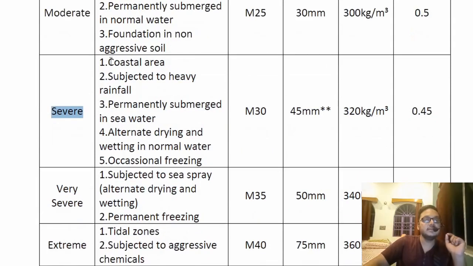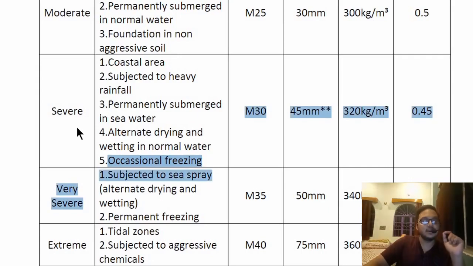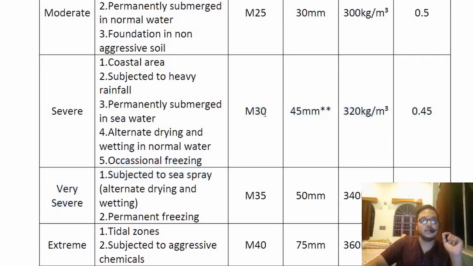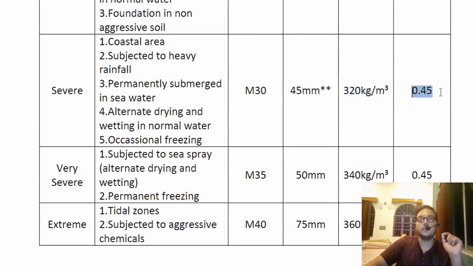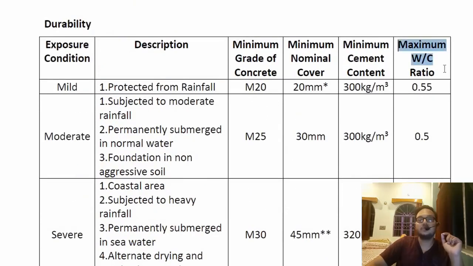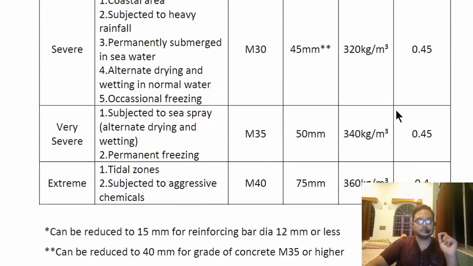For severe conditions, that is a coastal area subjected to heavy rainfall, permanently submerged in seawater, alternate drying and wetting in normal water, and occasional freezing, these are the conditions which are actually severe, and we will use M30 concrete and 45 mm of nominal cover, 320 kg per meter cube of minimum cement content, and 0.45 as the maximum water to cement ratio.